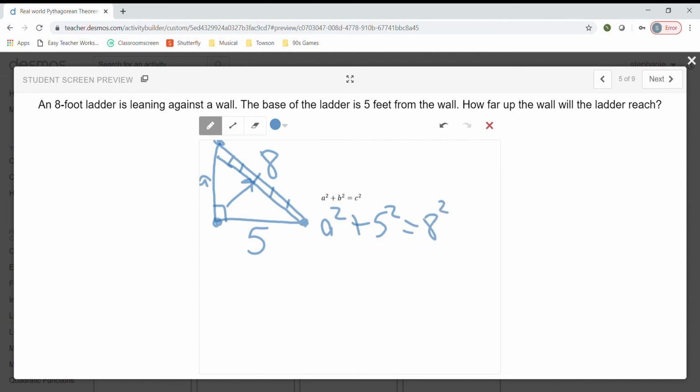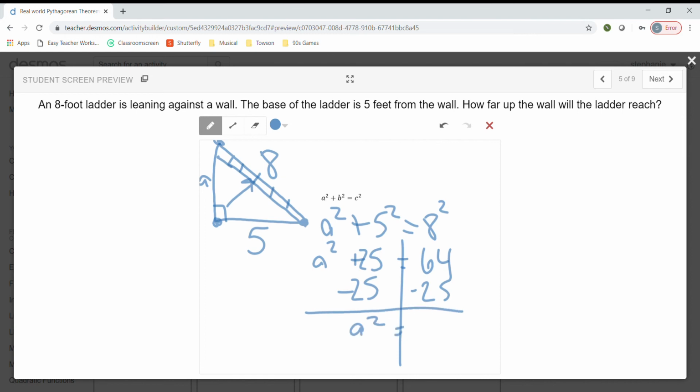All right, now we can do our squares. A squared, can't do anything with that yet. 5 squared, 5 times 5 is 25. 8 times 8 is 64. Can I add? No, I cannot because I have a variable, but I can subtract. So I'm left with A squared equals 64 minus 25, which is 39.